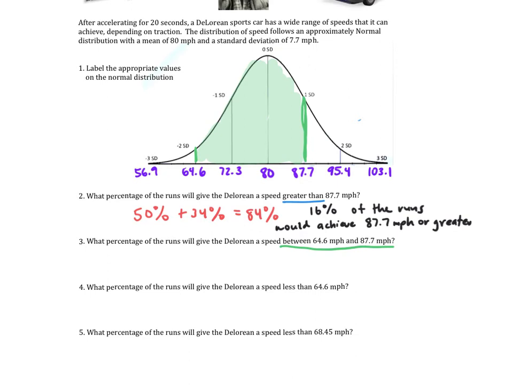So you should notice that, for example, this area in blue here is 68%. So we got a good majority there.